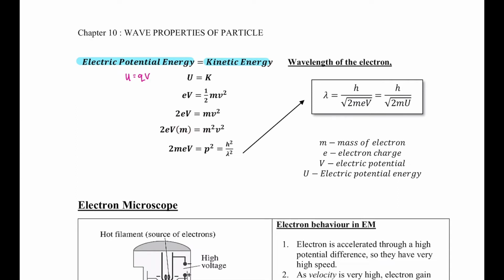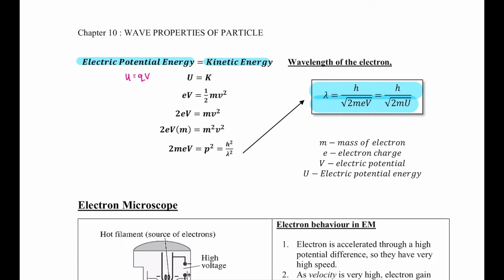So 2meV equal to m square v square. So jadi 2meV. Ni momentum square lah. So h square over lambda square. So from there we can calculate that the wavelength of the electron is lambda equal to h over square root of 2meV ataupun h over square root of 2mU.